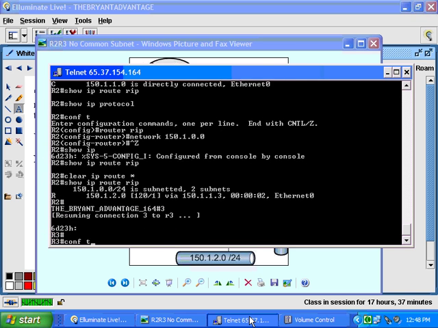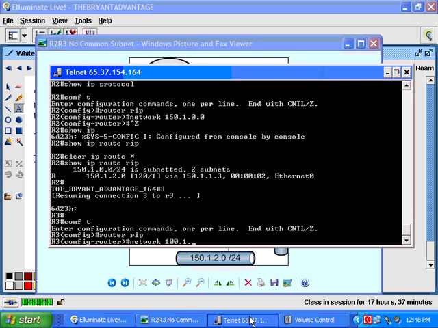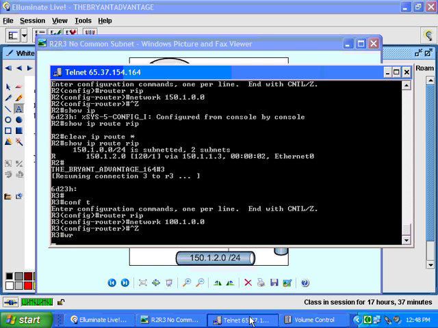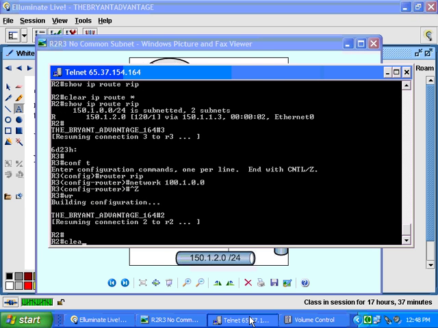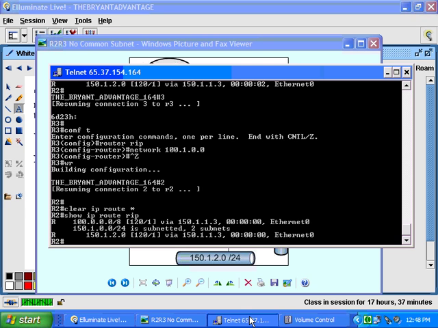Let's go over to 3, and we'll configure RIP for the network 100.1.0.0. We'll clear the routing table here on router 2. We see it, but it has been summarized. It's been put in with a classful mask.